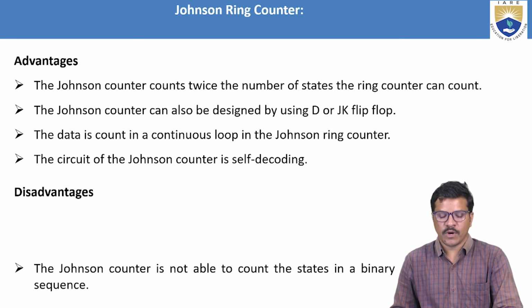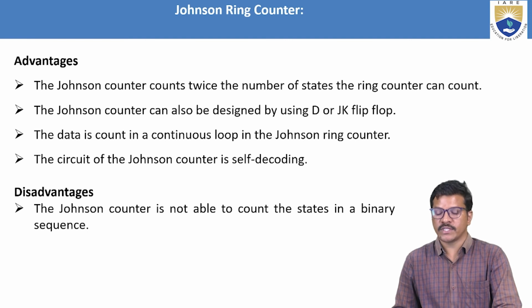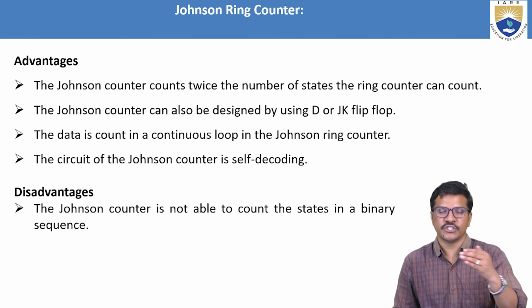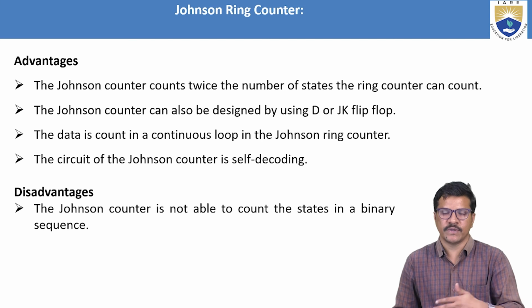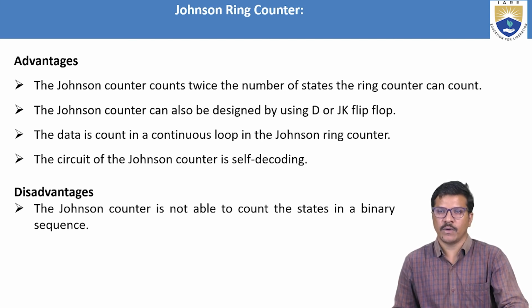What about disadvantages? The Johnson counter is not able to count the states in binary form like 0001, 0010, 0011, 0100.